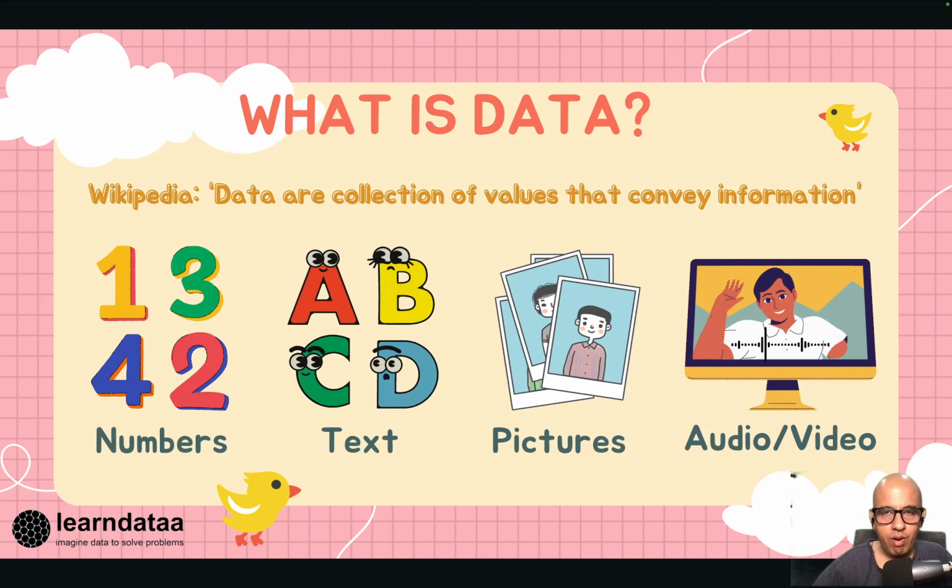Pictures that we take daily with cell phone cameras, or it could be scientific pictures taken by microscopy or medical imaging, CT scans for example, or satellite images. All of that is different types of data. And audio data can be a conversation that is happening in a room. Or the audio could be recorded for a particular situation.